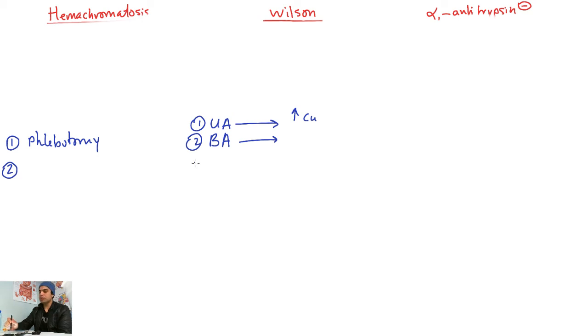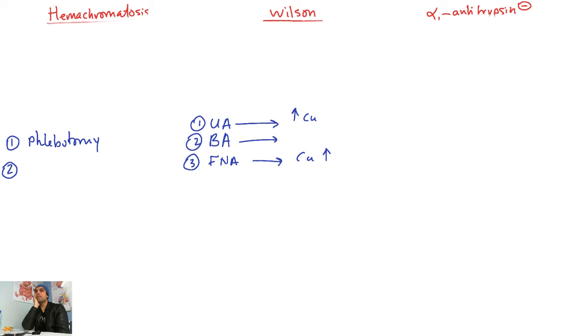What else would you do? Biopsy. What biopsy would you do? Liver. In this case, fine needle aspiration of the liver. And what would you find? Copper deposit. Increased copper in the liver. Okay. CT would only tell you if there is organ degeneration.